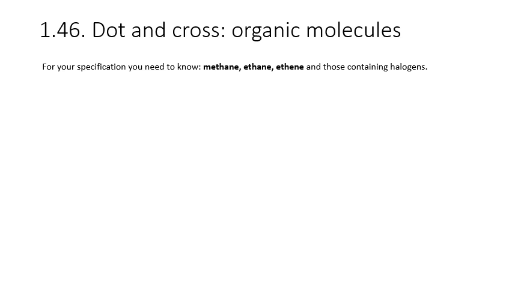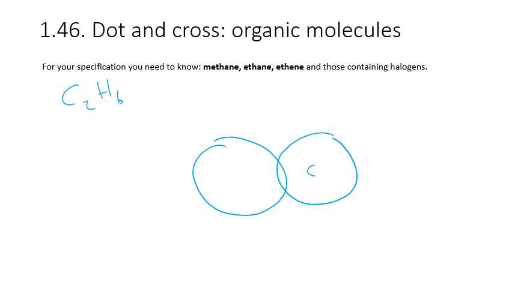Okay, the next one is ethane. Ethane is C2H6. So what we have in this one is 2 carbons bonded to each other, each one bonded separately to 3 hydrogens.